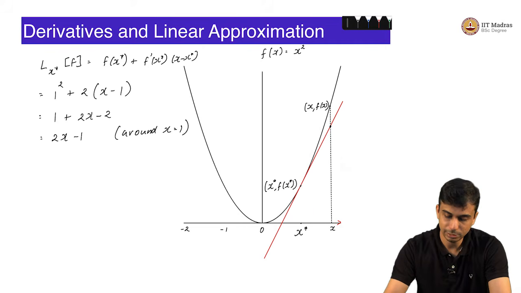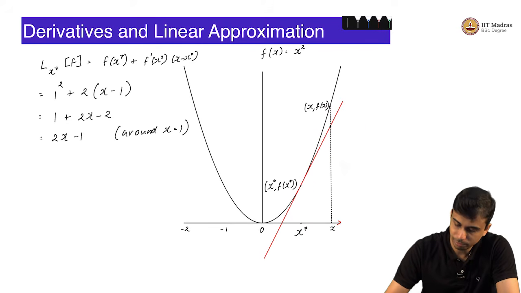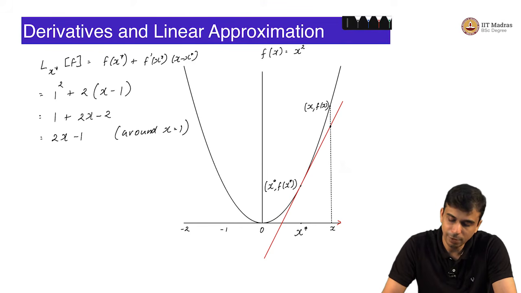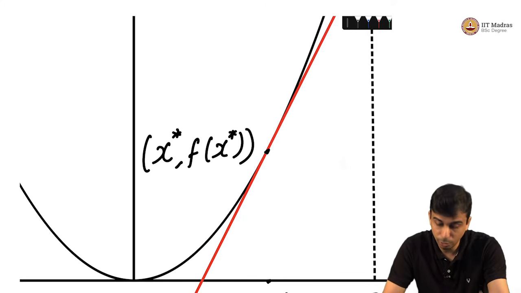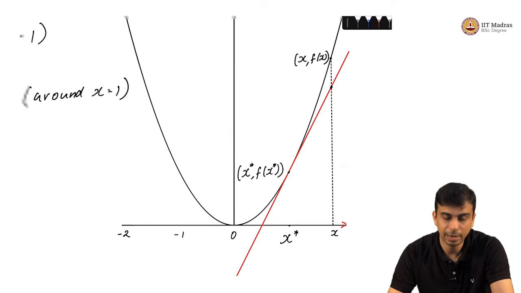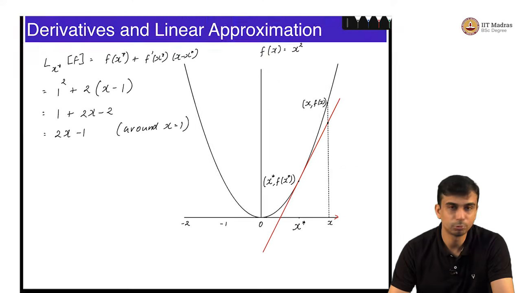This red line corresponds to the graph of 2x minus 1, and you can see that this particular graph is an approximation to the black curve, which corresponds to x squared around x star is equal to 1. So, you can see that at x star is equal to 1 it exactly touches it, it is exact. The farther your x moves from x star, the worse your approximation is. Around x is equal to x star, your red line and black line coincide quite well, right.